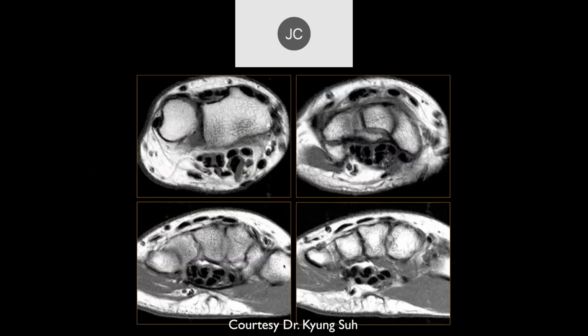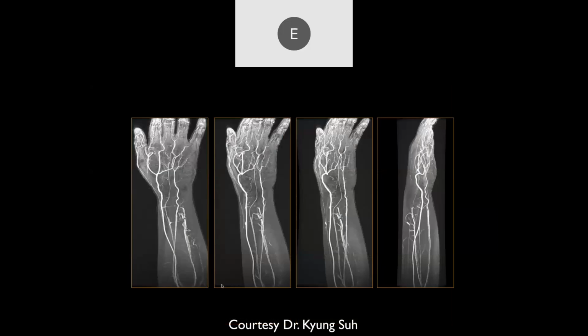Here are the MR. Yeah, next to that median nerve, do we see some vessels next to it? Right. And then here just an angiogram through this particular area.